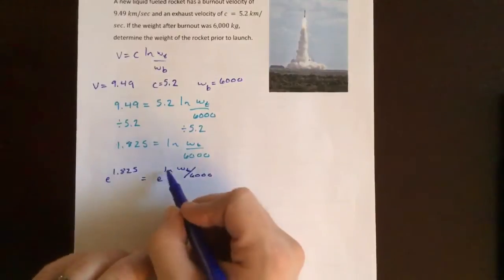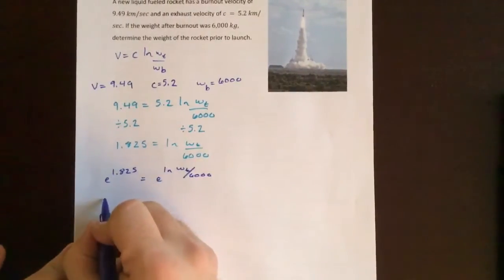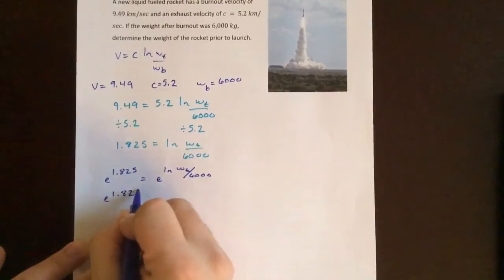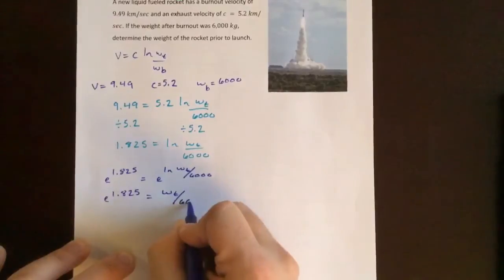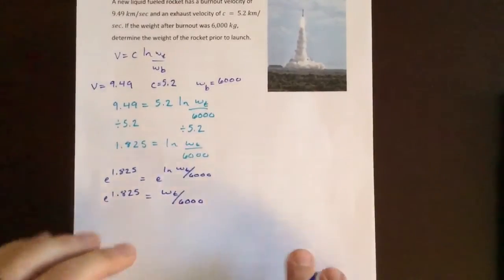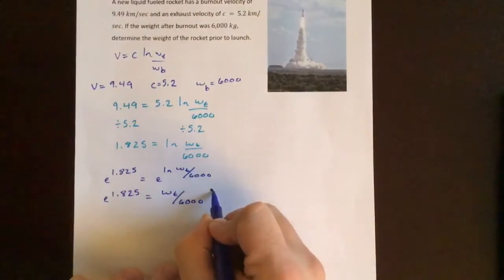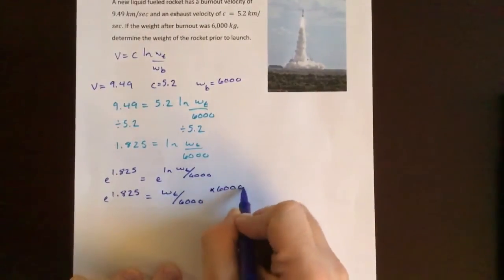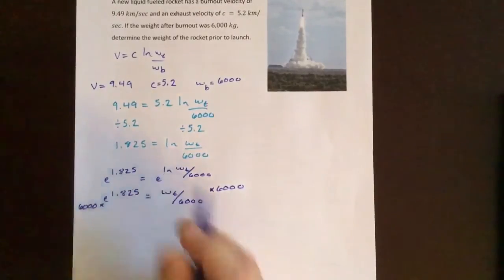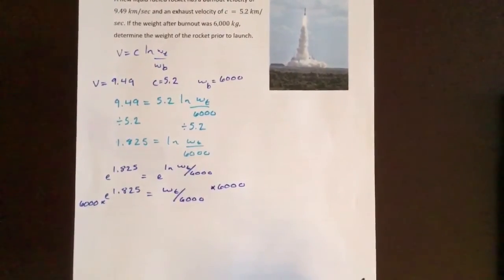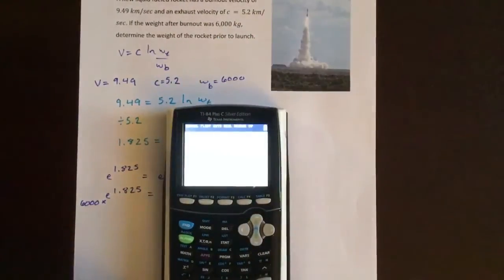Doing so removes this natural log, giving us W sub t divided by 6,000. And we want W sub t, so we just multiply both sides by 6,000. And in doing so, we find that, should we do this in here?